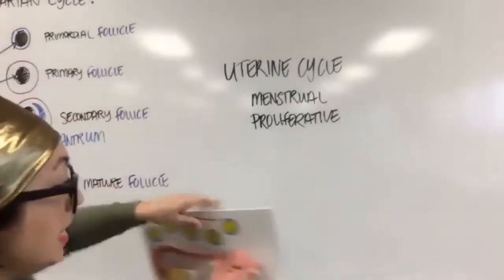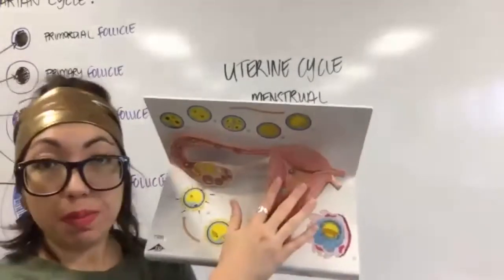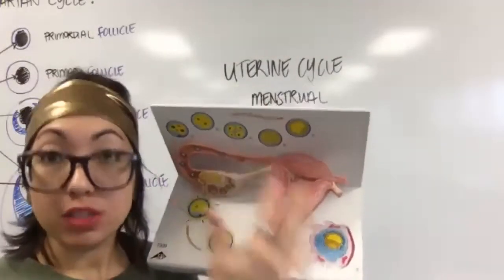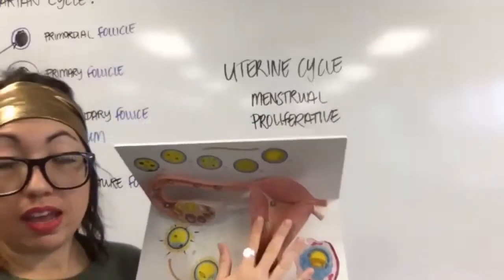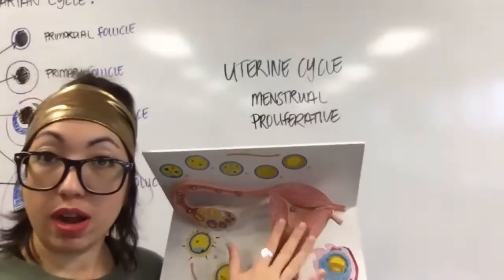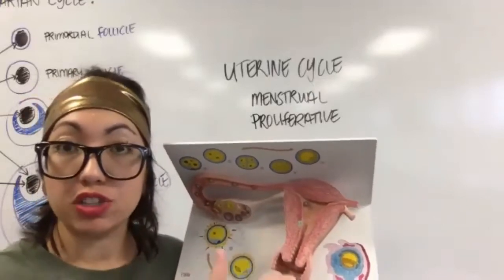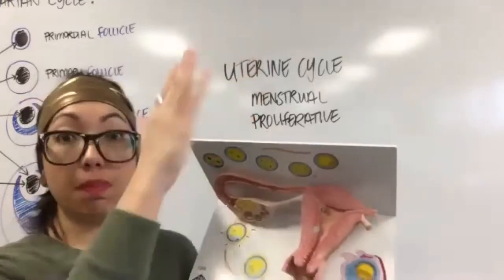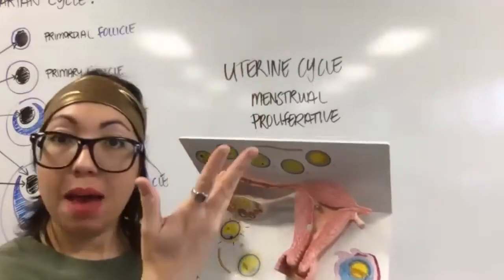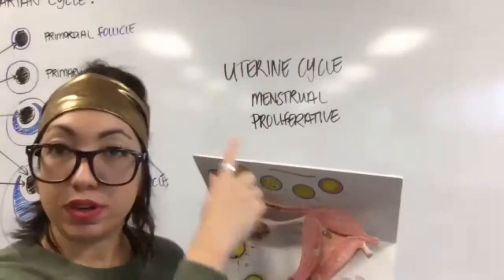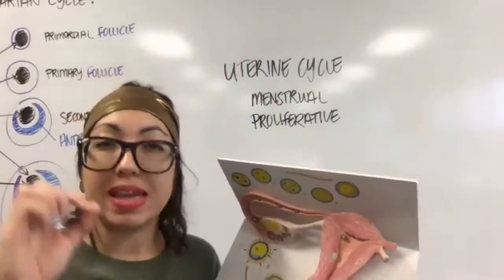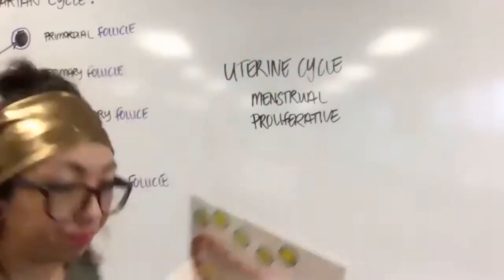And that makes sense, because if a woman just had her menstrual cycle, if she just shed part of her endometrial lining, what does her body need to do? It needs to do what? Build it back up, right? And that happens during the proliferative phase. So maybe that word makes a bit more sense now.